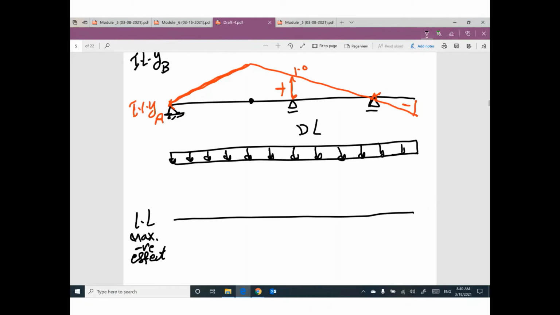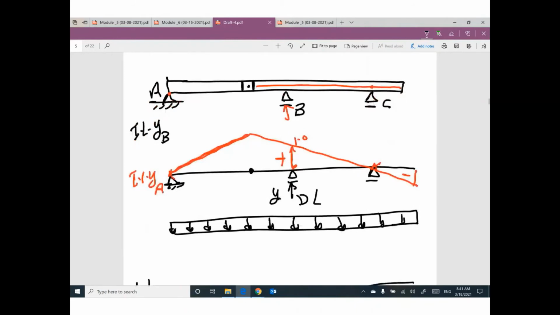Anybody can tell me where is the distribution of live load to get the maximum negative effect on reaction YB? I'm sorry, this reaction influence of reaction YB. Anybody can tell me?